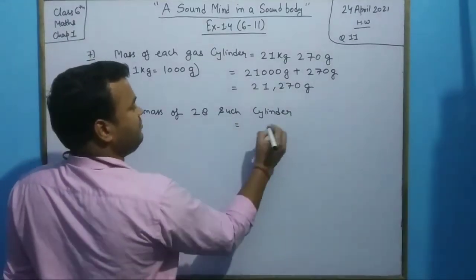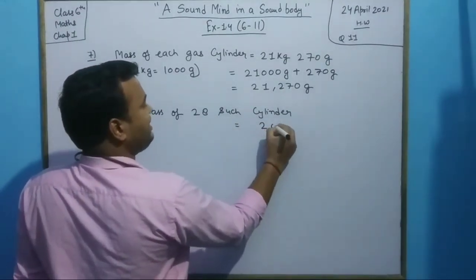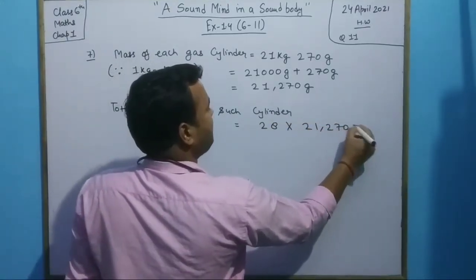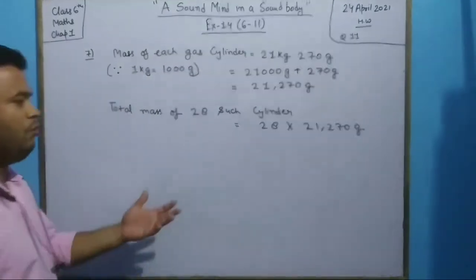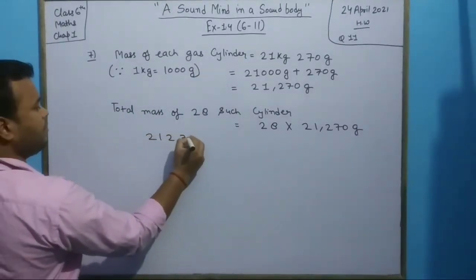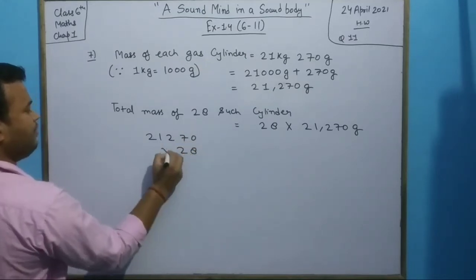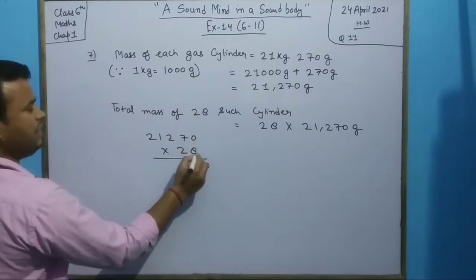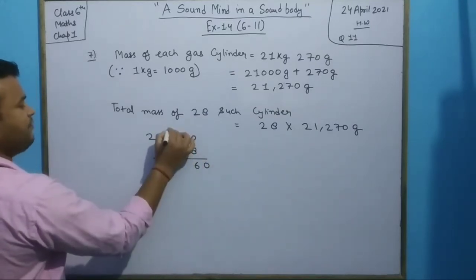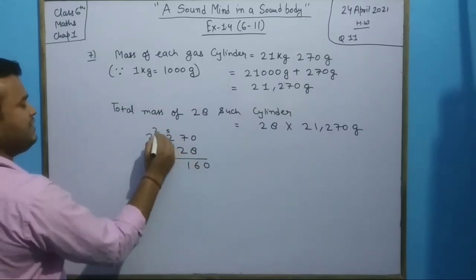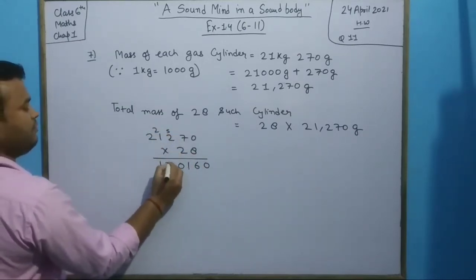We need to know the total mass of 28 such cylinders. Similarly, just multiply 28 into 21,270 grams. Let's multiply and see what the answer will be. 8 into 0, 8 7s are 56, 6, 5 carry, 8 twos are 16, 16 and 5 is 21, carry 2, 8 ones are 8, 9, 10, 8 twos are 16, 17.